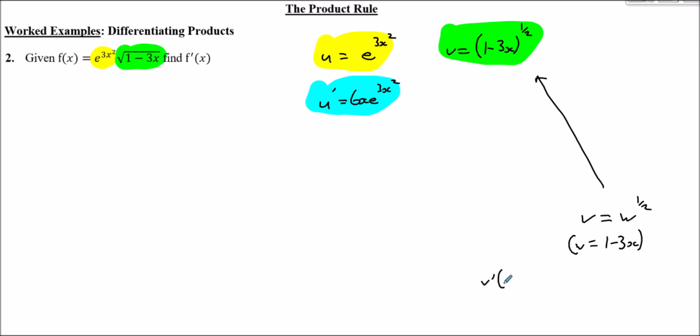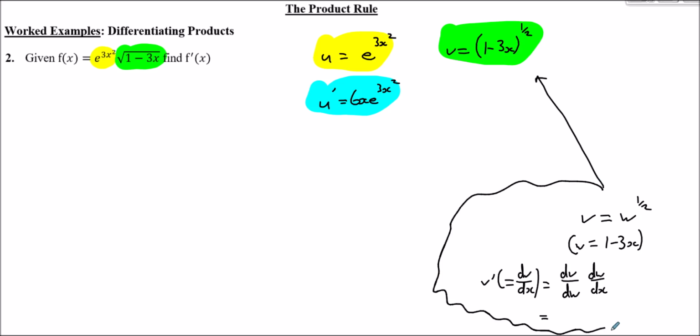So v dashed, which is dv by dx, we can do dv by dw, then multiply by dw by dx. So v in terms of w, v is w to the power of a half.